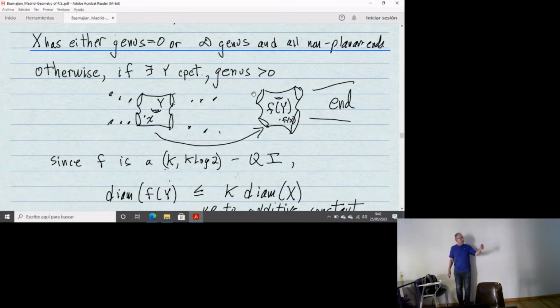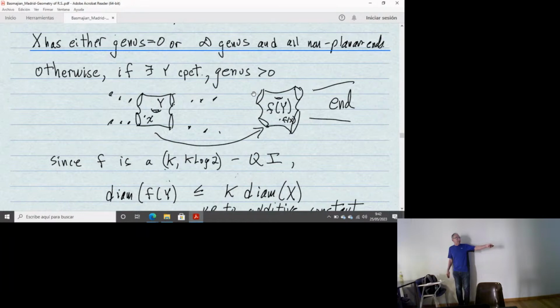And the reason is because if you had some finite amount of genus, then what you could do, under being QCH, is move that finite piece, a compact part that has genus, as close to any one of the ends as you like. That's because, remember, F was a QI map, so think of it as a bi-Lipschitz map.